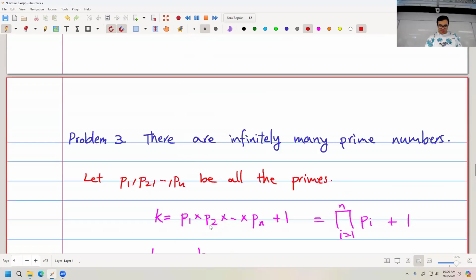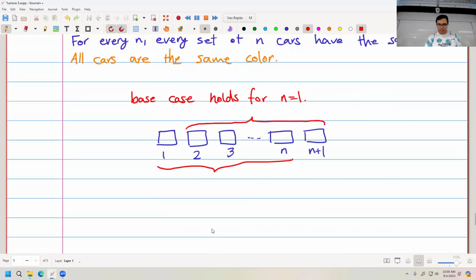But what did I prove here? If you look at this proof, it doesn't work when n is 1. Because if n is 1, I just have car number 1 and car number 2. And I'm saying that the first n cars are the same color, fine.